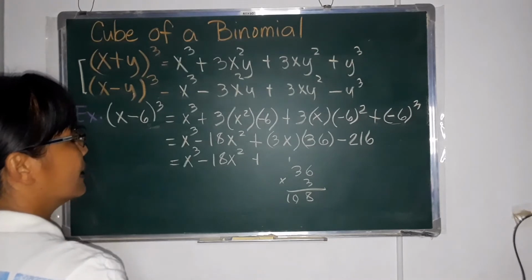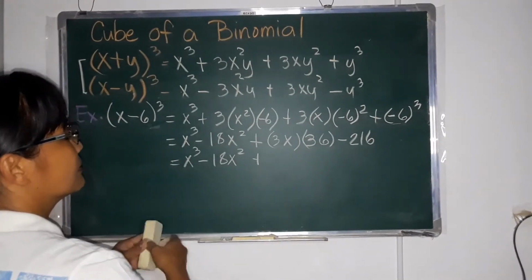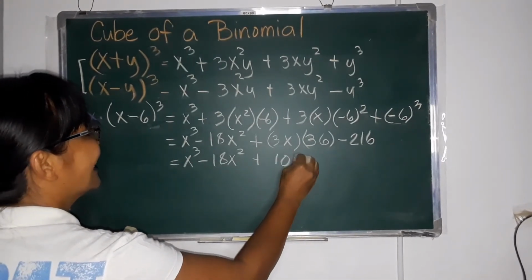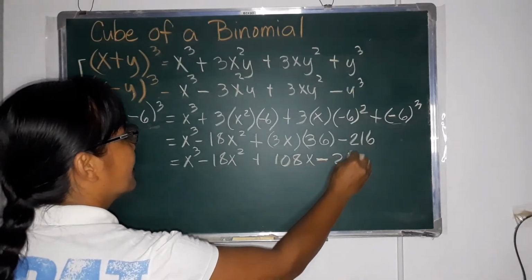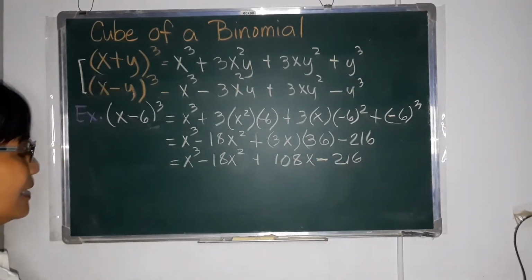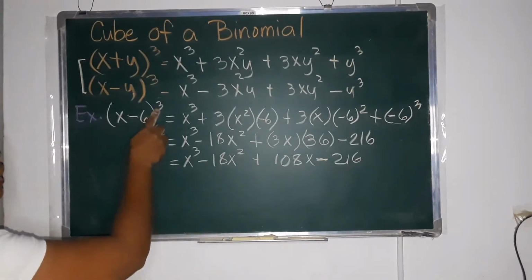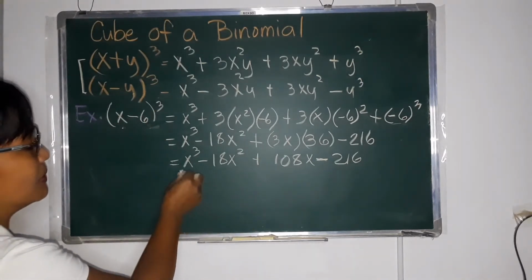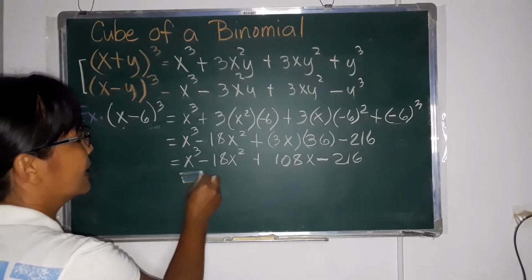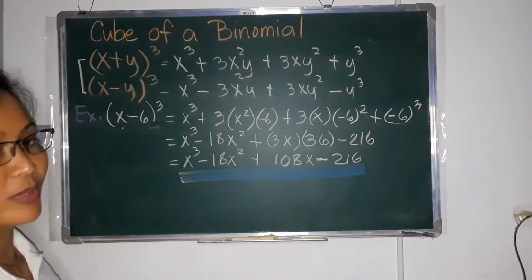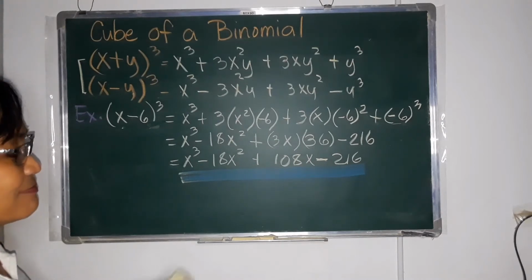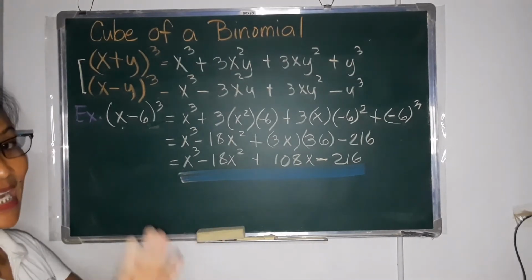So we have 108. So 108x minus 216. So, the cube of (x - 6) is equal to x cubed minus 18x squared plus 108x minus 216. Okay, so ganyan lang kadali guys.